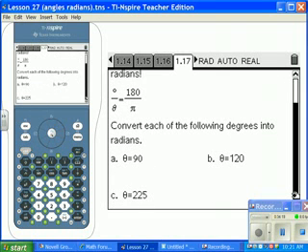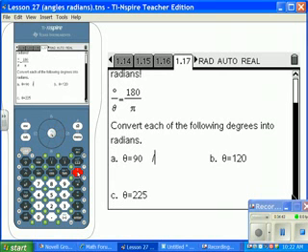So let's go down here. I've got theta equals 90. I want to convert degrees into radians. Now, if we remember our rules, that 360 is 2 pi, 180 is pi, what's 90 going to be? Half a pi. And how do you write half a pi?